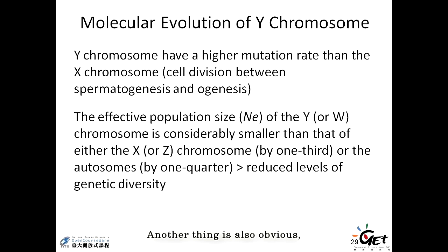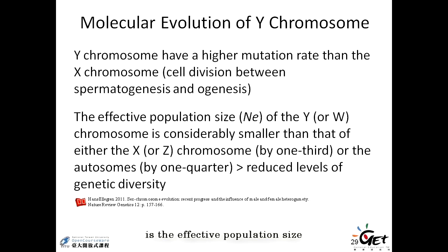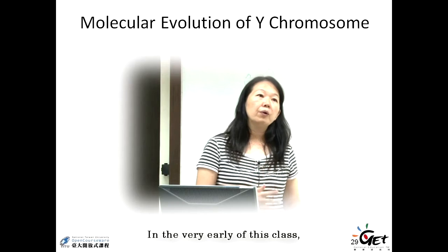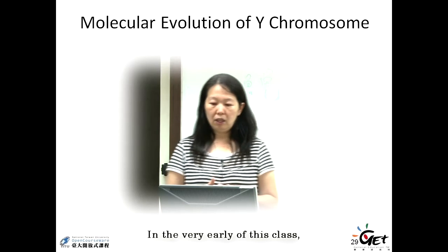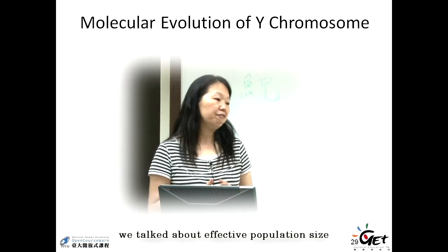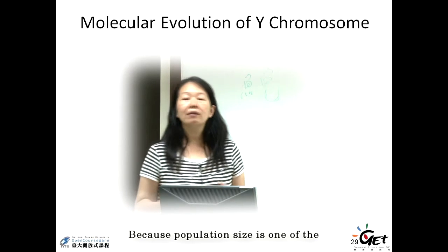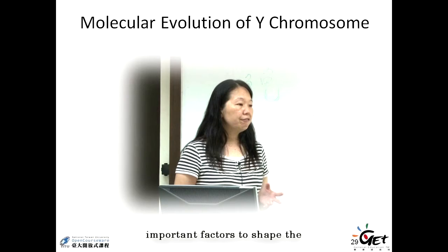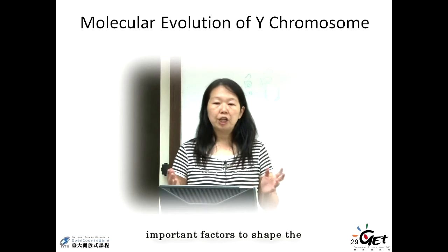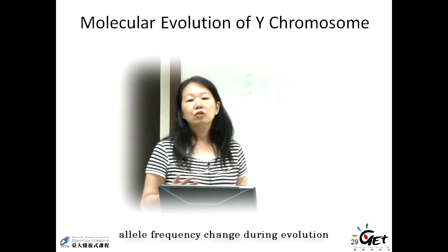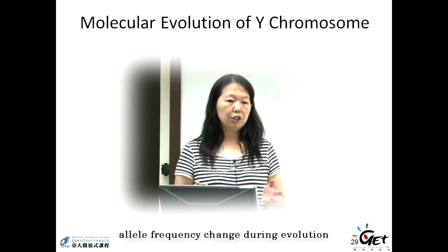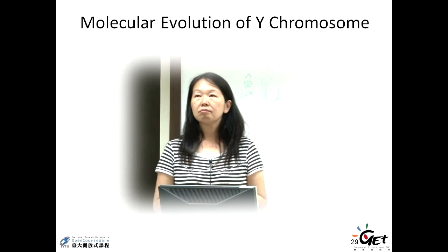Another obvious thing is the effective population size. Early in this class, we talked about effective population size, because population size is one of the important factors shaping allele frequency change during evolution.